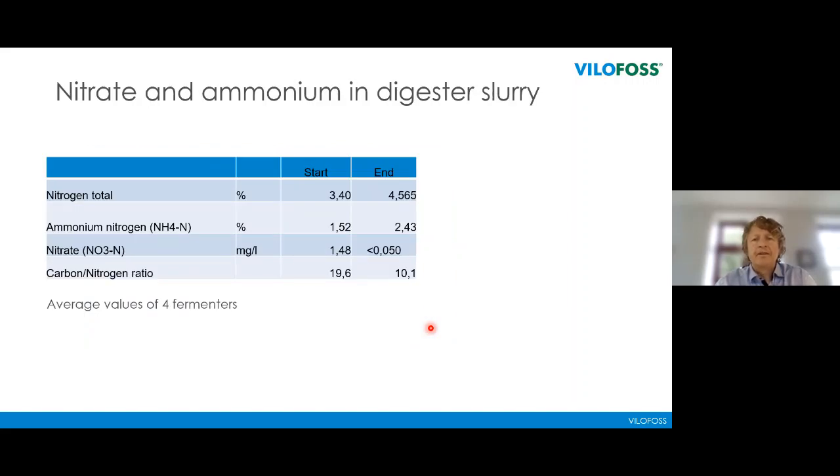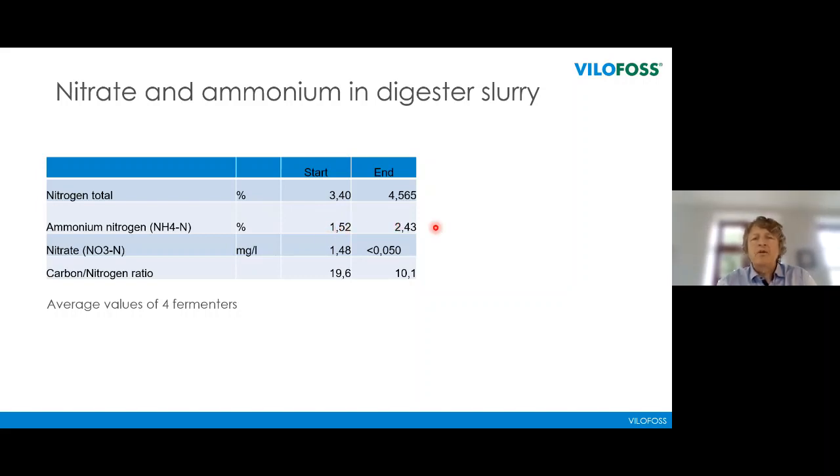Here we looked into how the nitrogen is distributed. First of all, you can see that nitrogen in total has increased from the start of the experiment to the end, and we can see that the form we find it in is ammonium. So that has increased from 1.15 to 2.4.